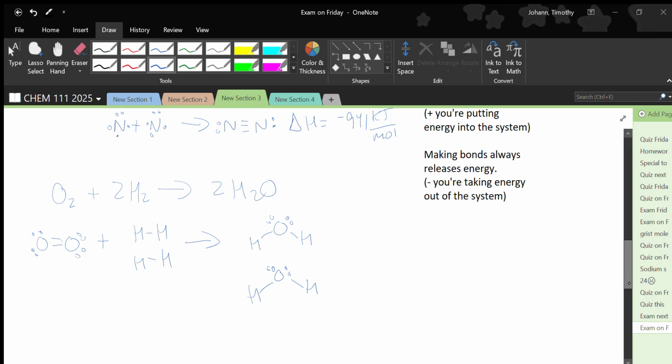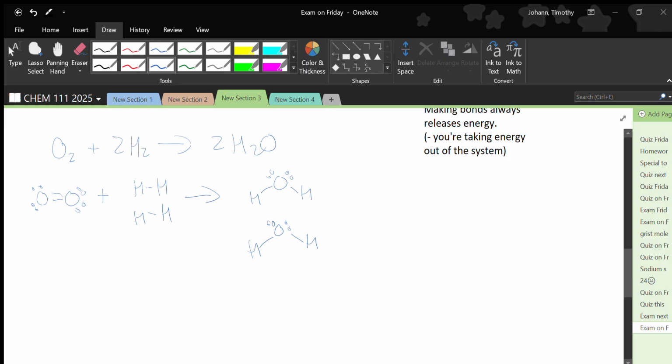And so if I want to figure out the change in enthalpy for this reaction, it's going to be equal to 4 times, I'm still going to do my products before I do my reactants, just because it really does happen all the time. So 4 times whatever an OH bond is worth. Okay, but I'm going to write down broken. So negative.